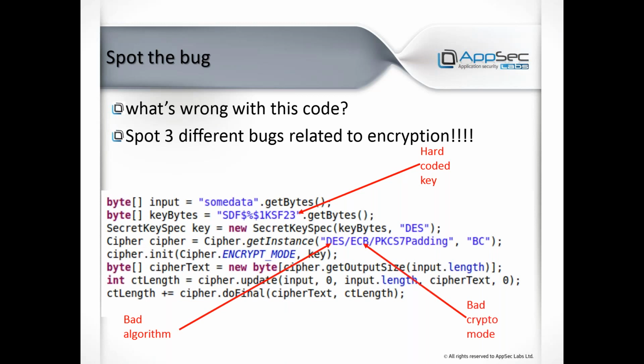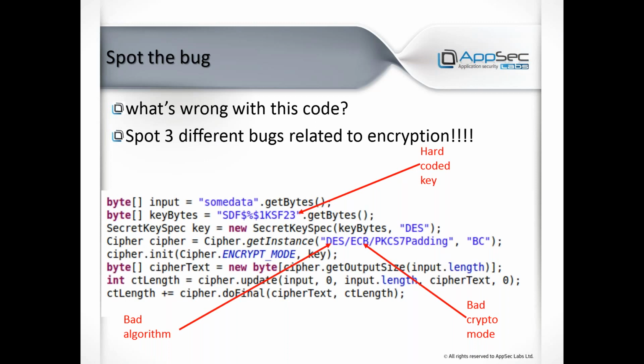Another problem is the mode. We're using ECB. And ECB is a bad idea because each of the blocks is encrypted the same. So we can quite easily break the encryption scheme and so on. So just in these lines of code, we can see that we have lots of problems.